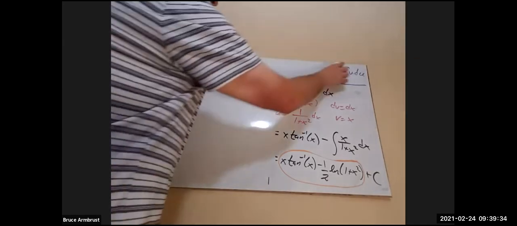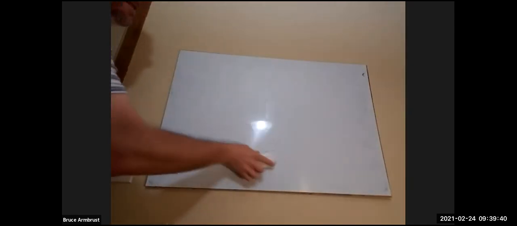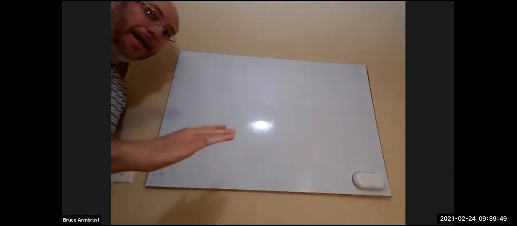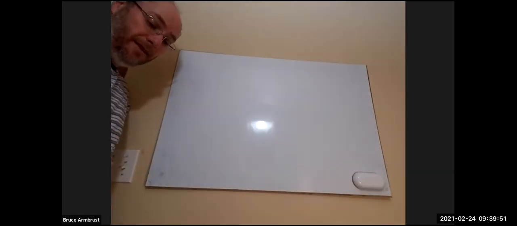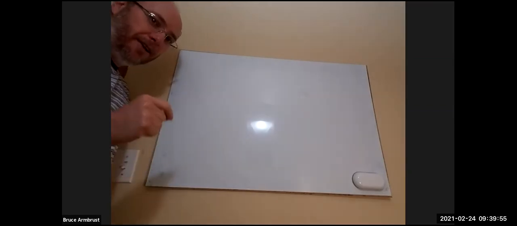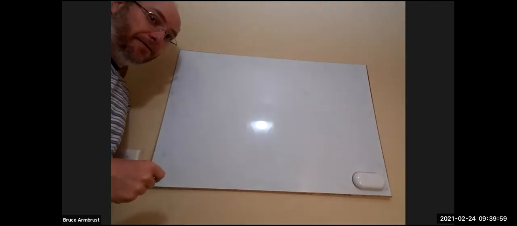And I apologize in advance for those of you whose trig is weak. If your identities are not very strong and you're not very comfortable with them, this is going to suck. I'm not going to mince words. This is the point in calculus where you're going to really wish you had paid lots of attention in trig and gotten that stuff down.